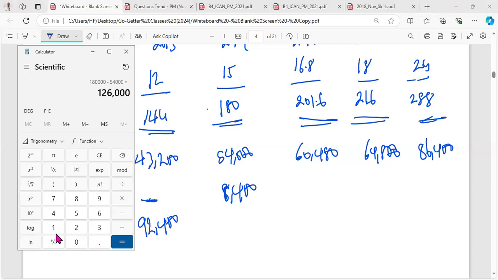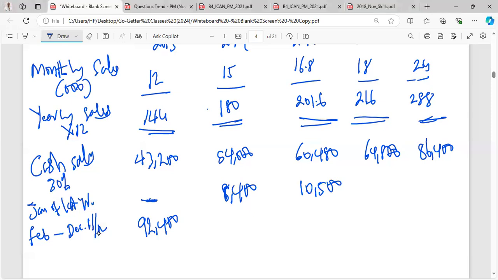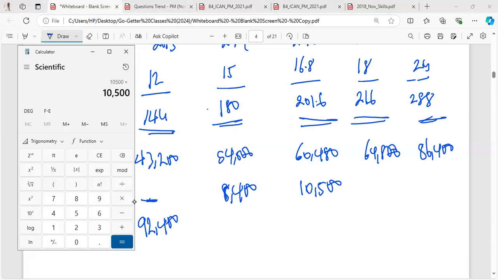If we divide this by 12, 10,500, which is 1 month's own, is what will be here. This is 1 month's own. If we multiply this by 11, this is the 11 months, 115,500.